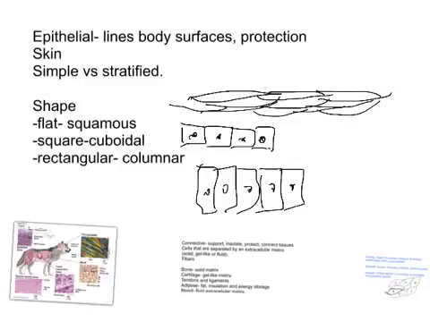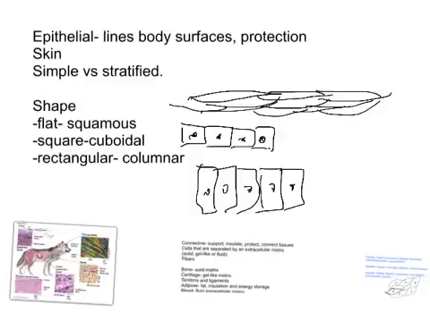So you have simple versus stratified, depending on the number of layers of cells present between the apical and the basal surface, and then they are named based upon their shape: squamous, cuboidal, or columnar.